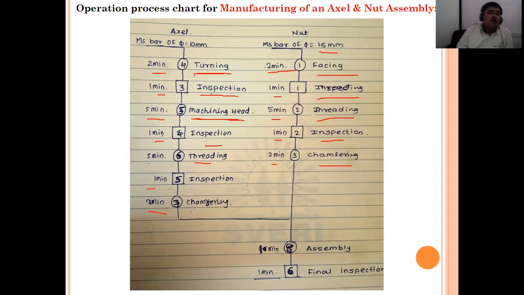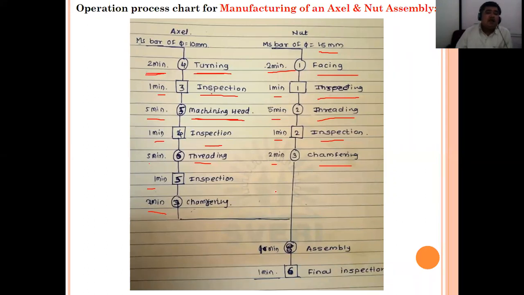If I just write a circle and 4 here, it indicates the fourth operation. But what is the fourth operation? Whether it is turning, chamfering, facing, or threading. That's why the description of the operation, turning, is written. And on the left hand side of this circle, the time required, 2 minutes, is written.